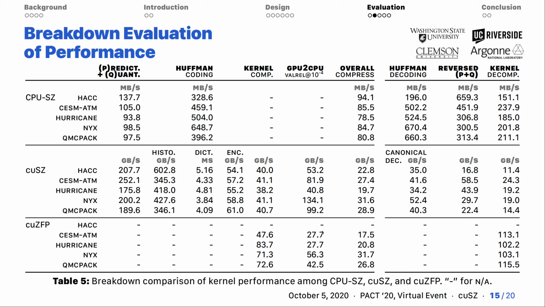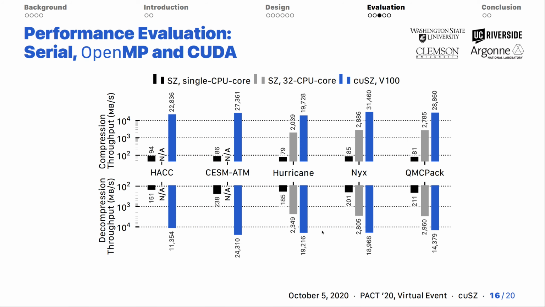And Huffman coding does not include the tree building time. And we achieve relatively lower throughput, but in the end, the compression kernel can still achieve over 40 gigabytes per second. The communication over PCIe is an equivalent value because of the compression ratio. And overall, we can still achieve over 20 gigabytes per second, which is comparable to cuZFP.